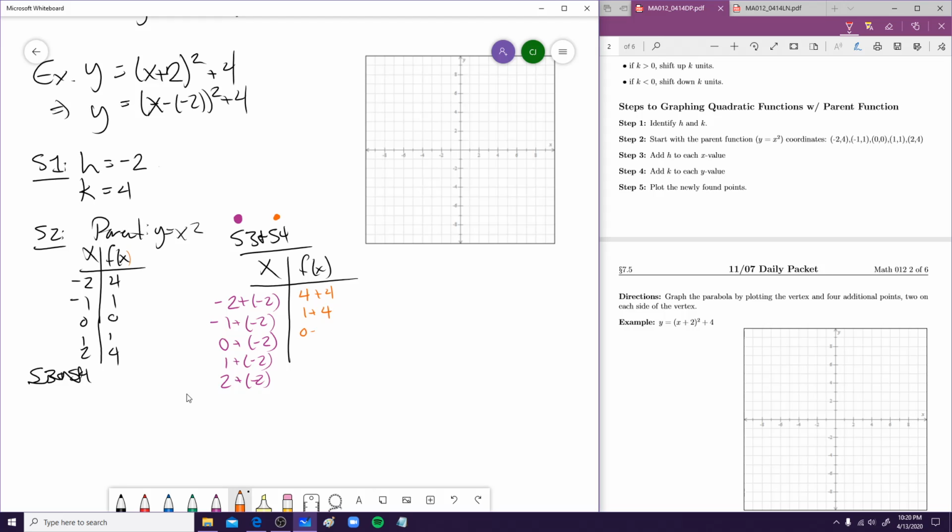This is 0 plus 4, 1 plus 4, 4 plus 4. Right? So when I simplify this, when I add these numbers together, negative 2 plus negative 2, that is negative 4, negative 3, negative 2, negative 1, 0. And then over here, it's going to be 8, 5, 4, 5, 8.